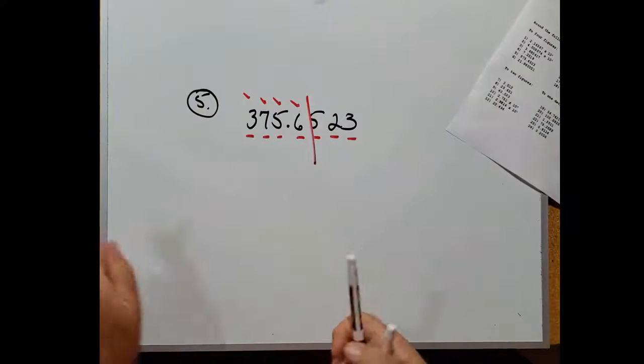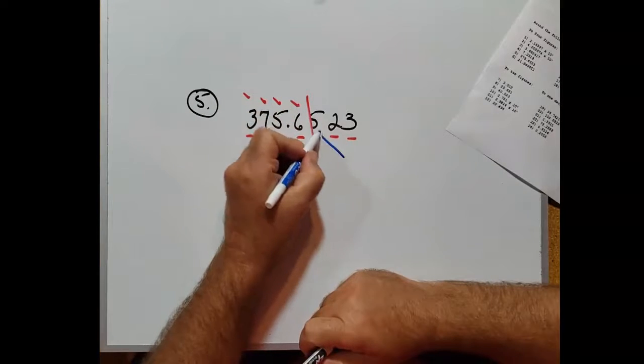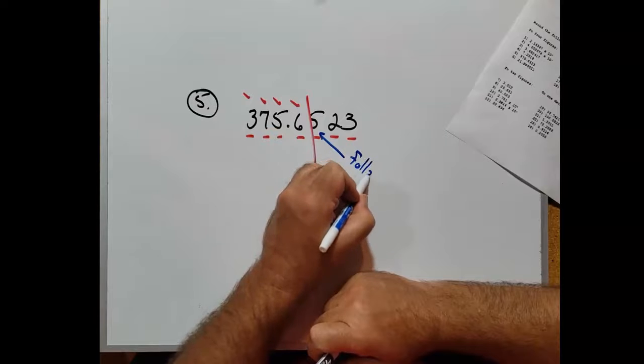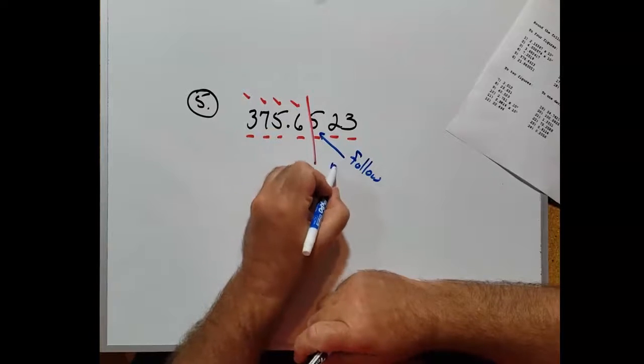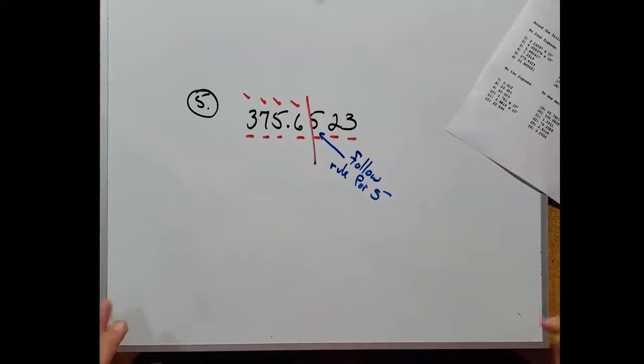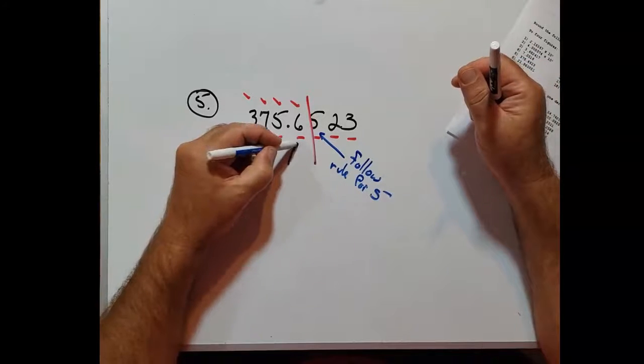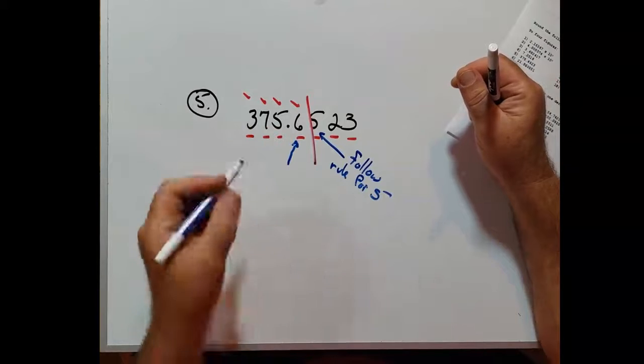All right. Now, take note that the first digit that's being cut off is a 5. So we're going to follow the rule for 5. And what was the rule for 5? We look in front of the 5 and ask ourselves, is that number odd or even?